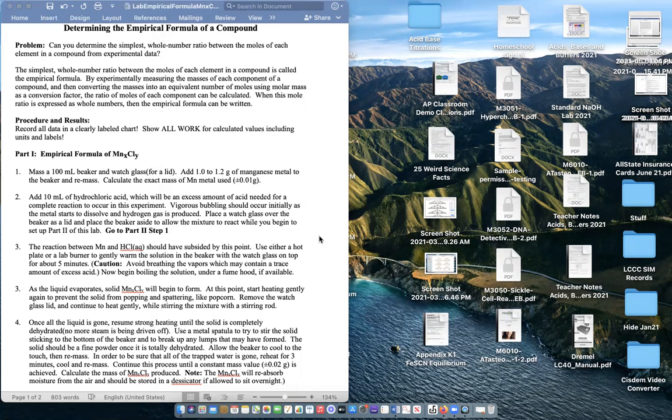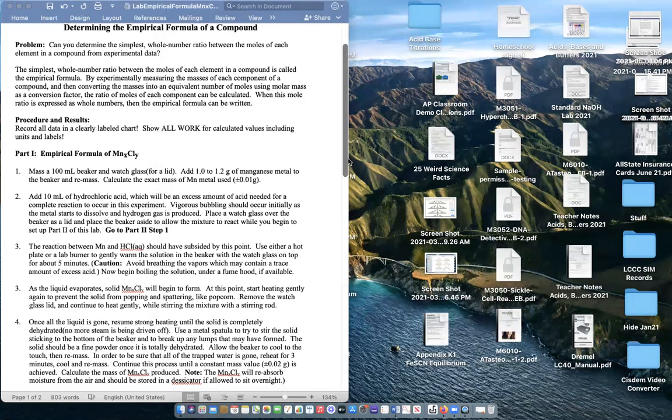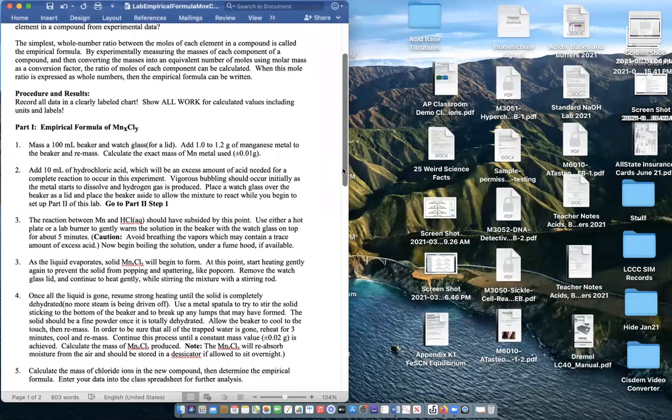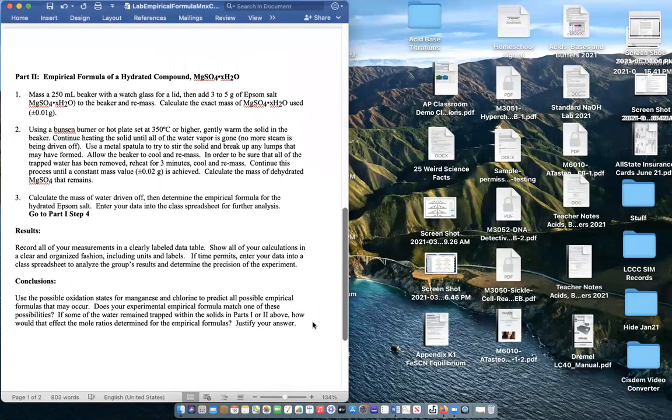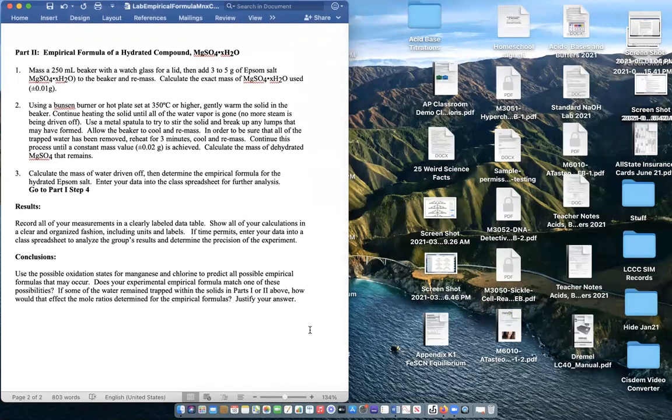As in the normal experimentation, show all your calculations, give me a data table that shows your work, make sure they're clearly labeled, and then we'll see how well you do in terms of matching up with what the expected empirical formulas are. We don't normally want to do confirmational labs and say, did I get the right answer? But in this case, there is a more acceptable correct answer, and we'll see how you do.